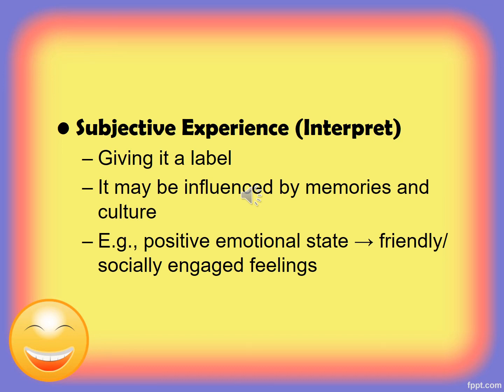Whereas people from individualistic cultures tend to label the positive emotional state as something that is socially disengaged, for example, their own pride and their own achievement. So these are the three elements of emotions.